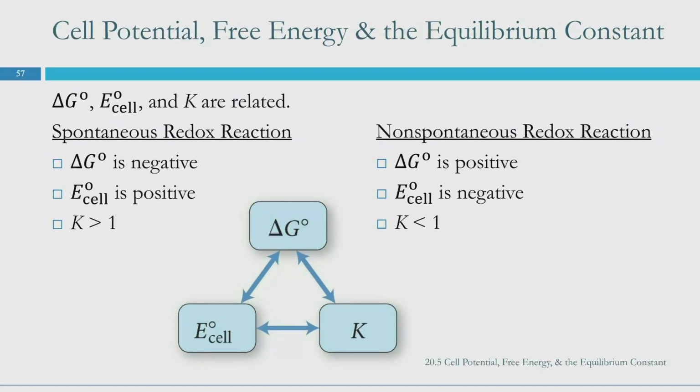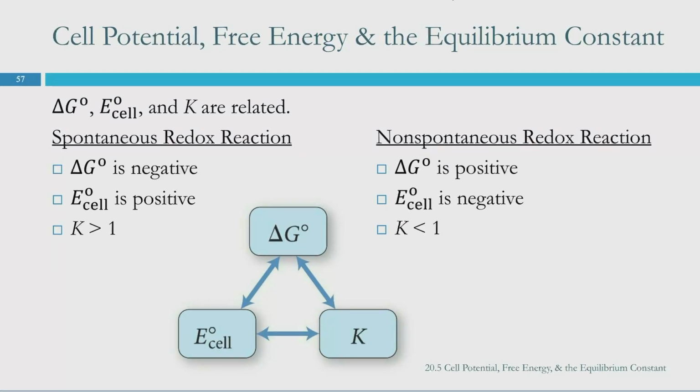So some of the concepts that we've been talking about in the last couple chapters actually relate to our cell potential. For spontaneous redox reactions, if our standard change in free energy, delta G, is negative, that's a spontaneous reaction. If our standard cell potential is positive, that's a spontaneous redox reaction.